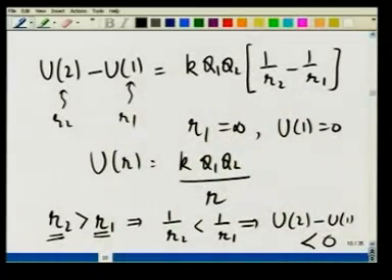The work is being done on the external body, the body that is keeping the charge in equilibrium, when the charge Q2 moves from r1 to r2, where r2 is greater than r1. You are extracting work. U2 minus U1 is negative. Work done by me is negative. That means the work is being done on me. The force field is doing work on us.